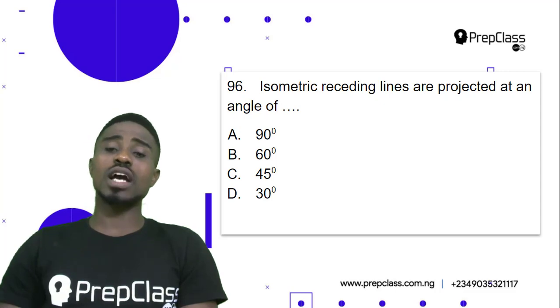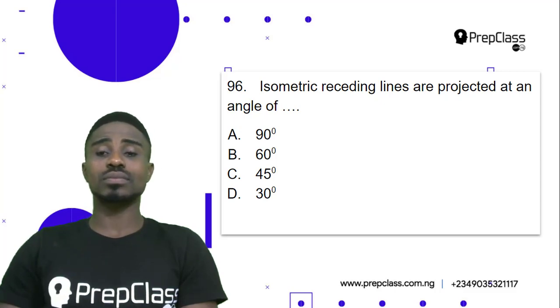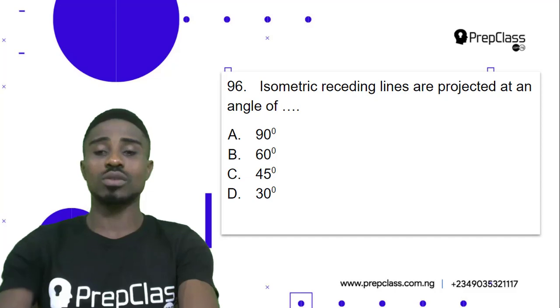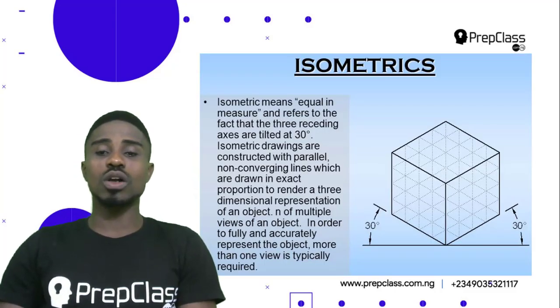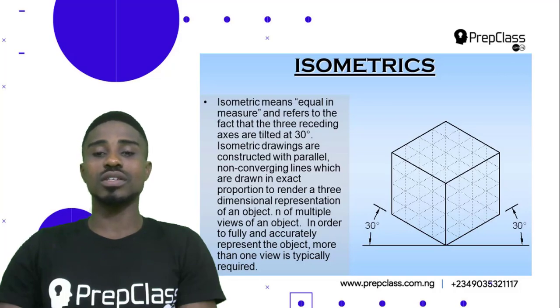So, in talking about isometric receding lines, I'm going to be showing us an explanation to give us a better understanding on what our correct option would be. Let's check it out. Now, isometric means equal in measure and refers to the fact that three receding axes are tilted at 30 degrees.